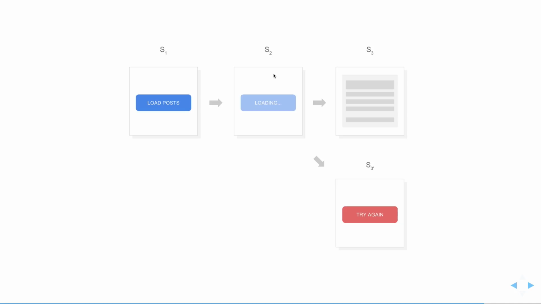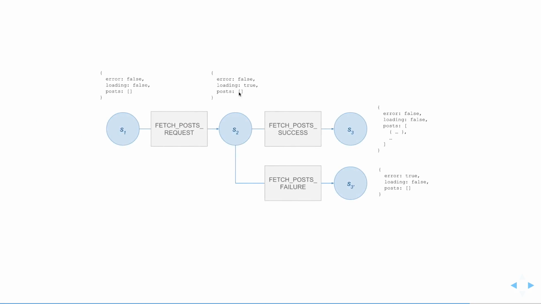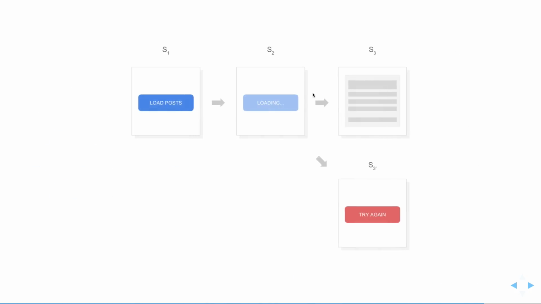And at that point, we have our state object, which says that loading is true, so we know to render the button with the loading text and disabled. When the request completes, we're going to transition into one of two states based on the result of the request. So either we have our posts and we can render them, or we don't, and we can change the state of the button to let the user try the request again.